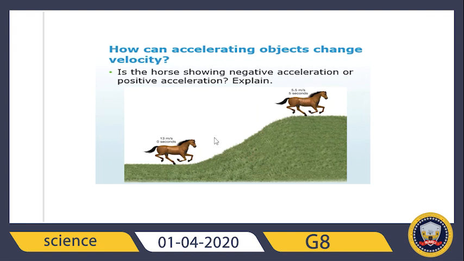Is this horse showing negative acceleration or positive acceleration? As we said, negative acceleration is if the velocity of an object is decreasing, while positive acceleration is if the velocity is increasing. And here we can see that the velocity decreased from 13 meters per second to 5.5 meters per second. Then this horse is showing negative acceleration.